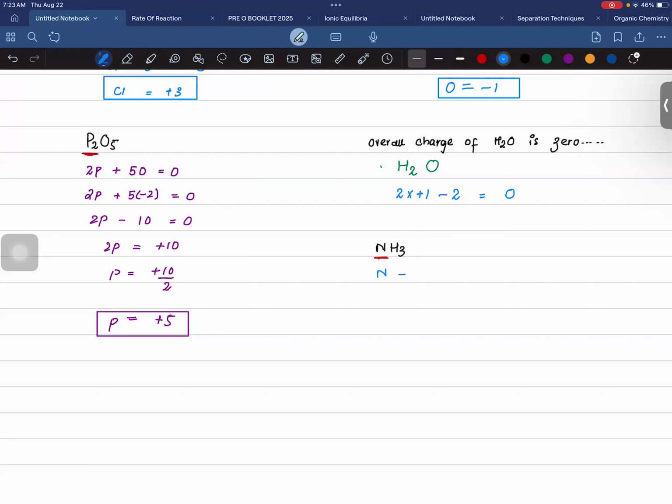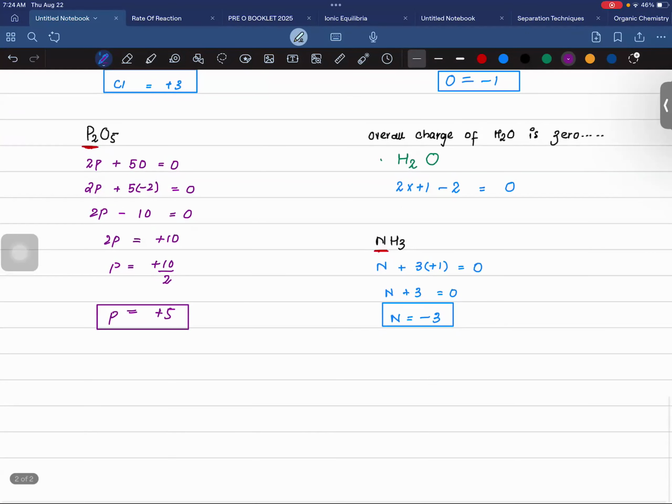So N is the subject, H is plus 1. So 3H is plus 3, equal to 0. N is equal to minus 3. So this is the charge of nitrogen in ammonia.